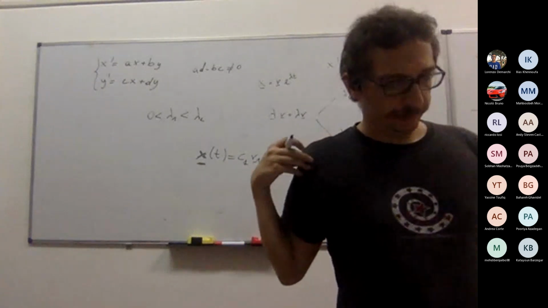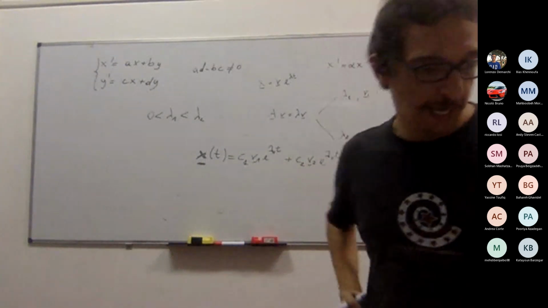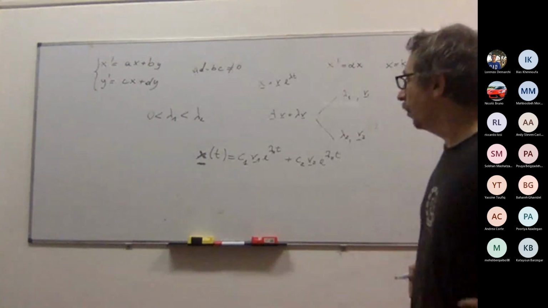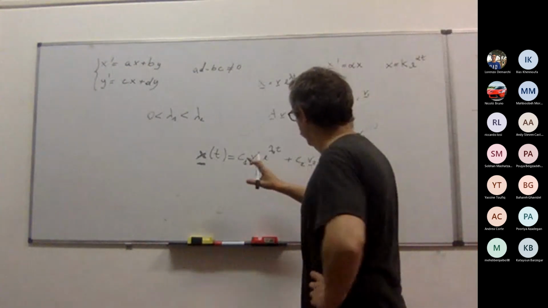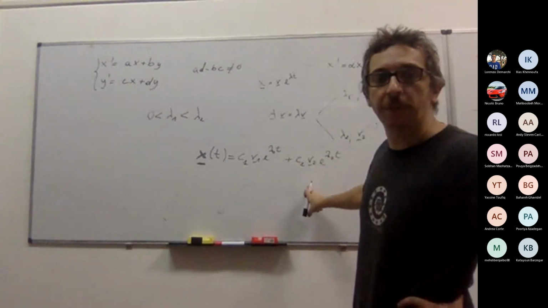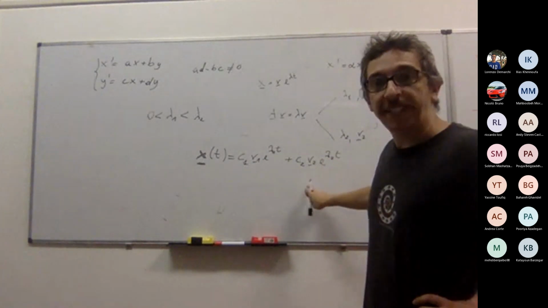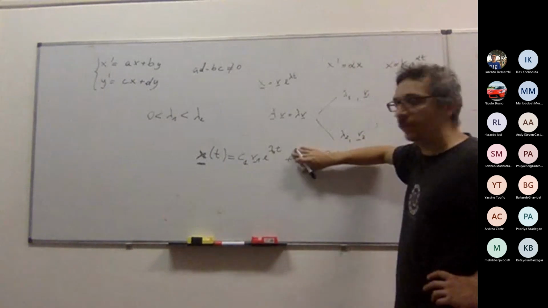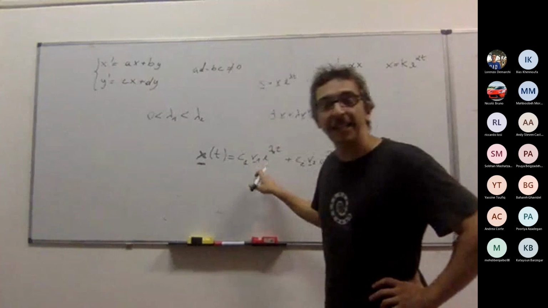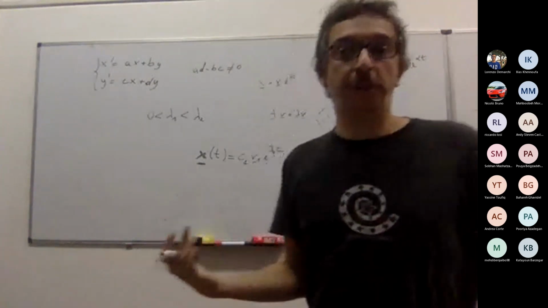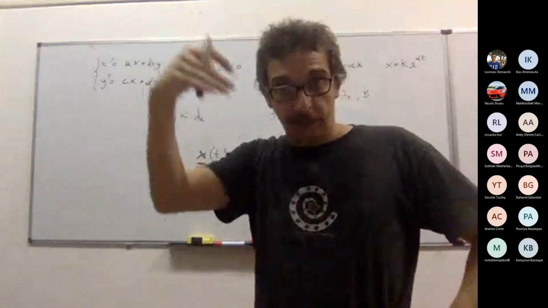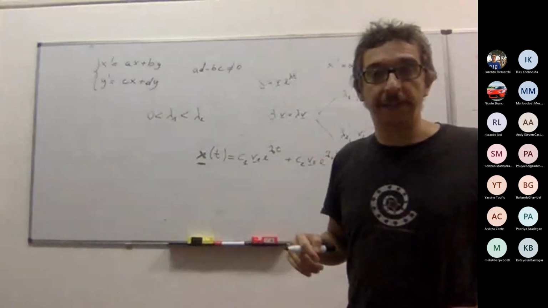If I'm setting C2 equal to 0, it means that I don't have these terms here. So what I would have is just this term here, and this term would correspond basically to some linear orbits in the phase plane.